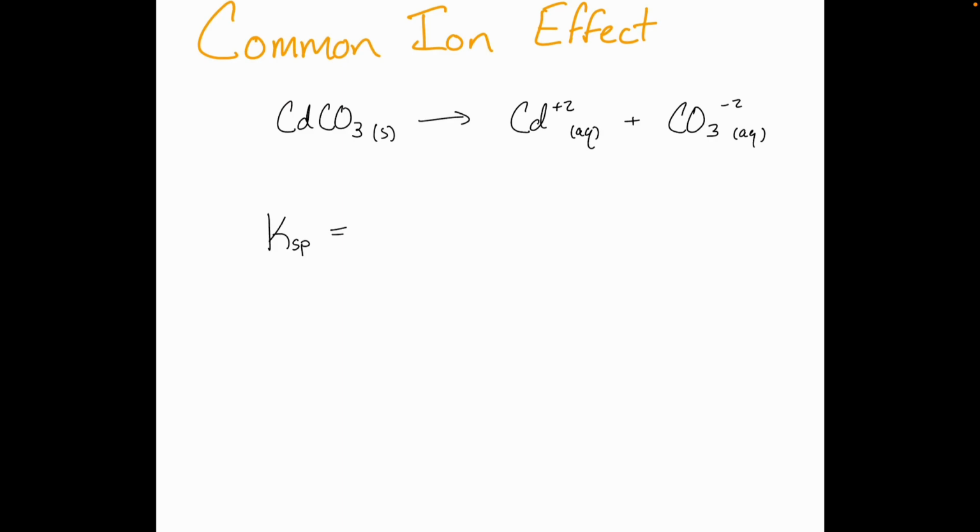But since my reactant in these reactions is always going to be this solid compound, what I have in my KSP expression is just the concentration of those two aqueous products. And that does equal this very tiny number, 1 times 10 to the negative 12. Okay, but that's not 0. Right? So to some extent, this compound will still dissociate, just a really teeny, tiny amount.